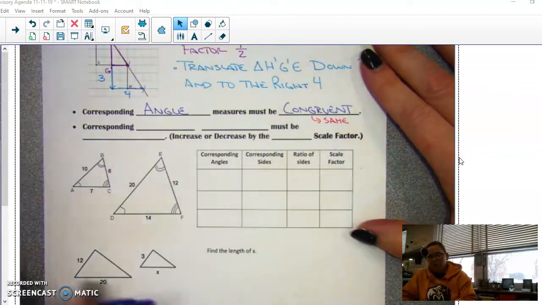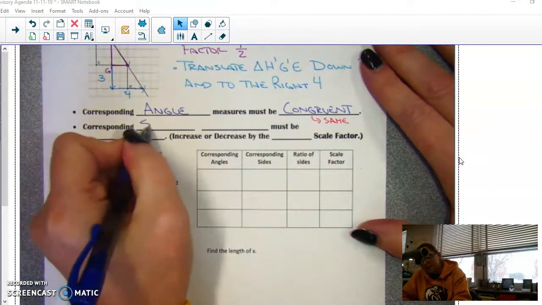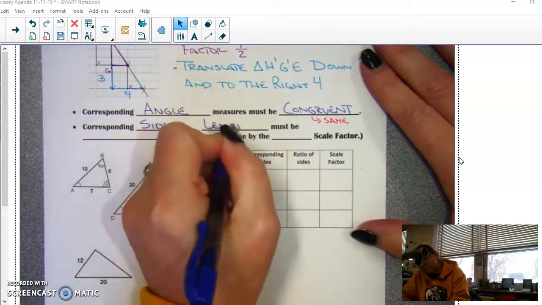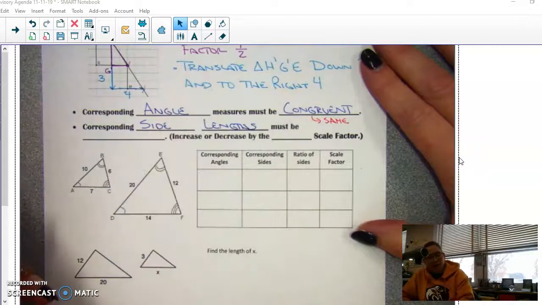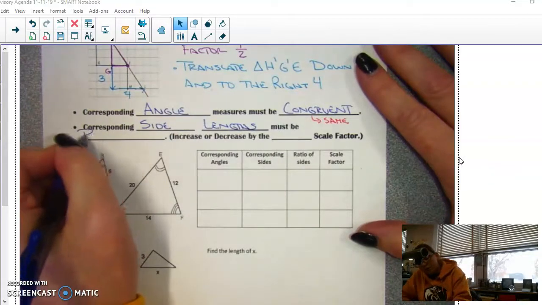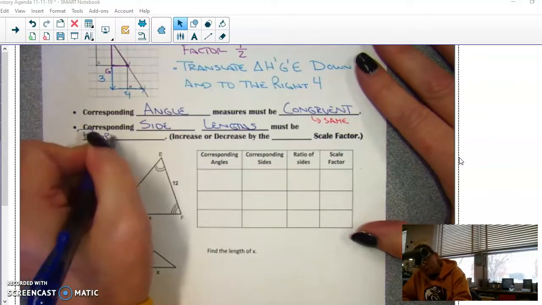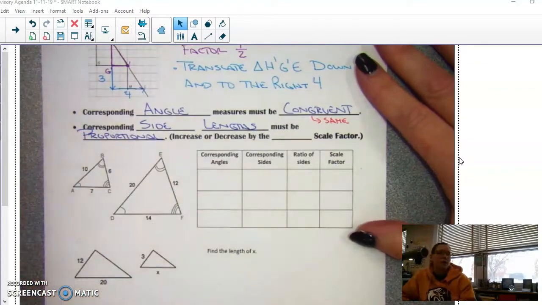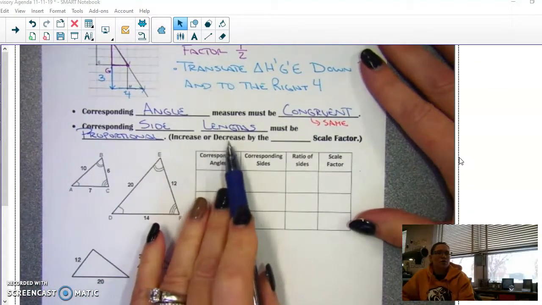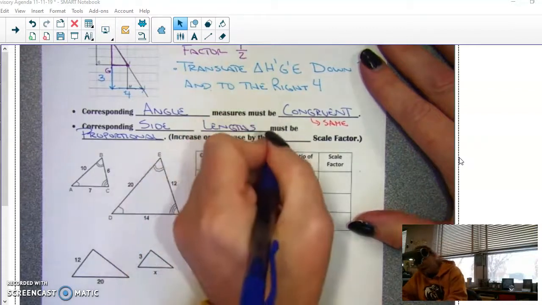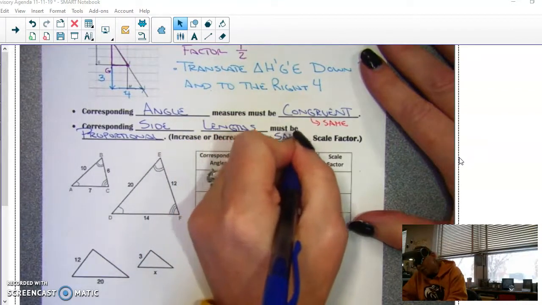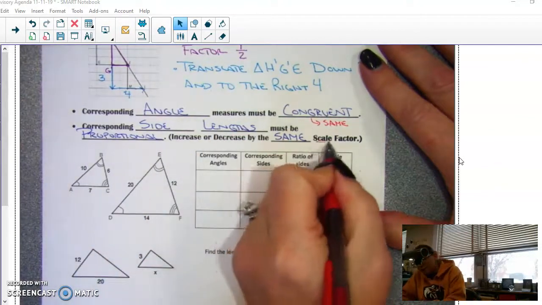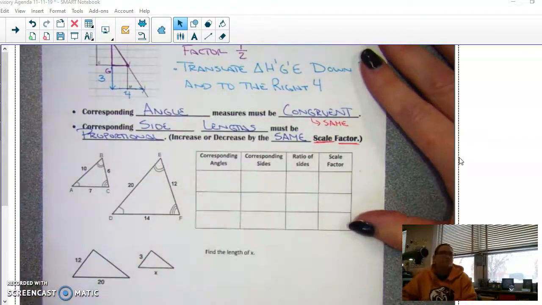And then also that the corresponding side lengths must be proportional. So what does proportional mean? It basically means that they should increase or decrease by the same scale factor. I'm going to underline scale factor.